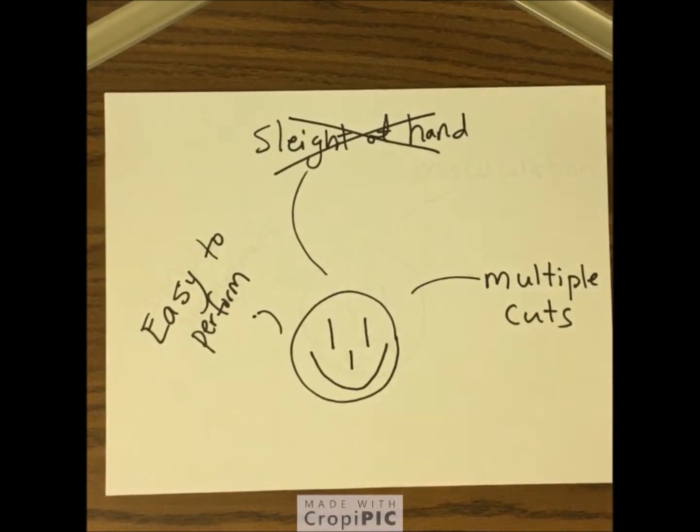Secondly, there's no need for sleight of hand because all the preparations are made previously. Lastly, the trick still works even after cutting the deck multiple times, which allows the magician to easily trick the audience into believing that the deck is a normal deck of cards that is untouched.